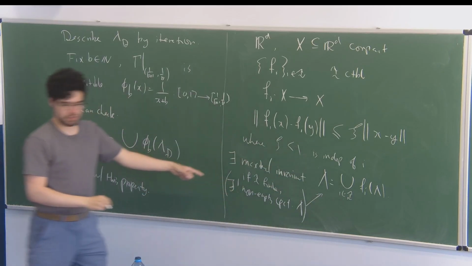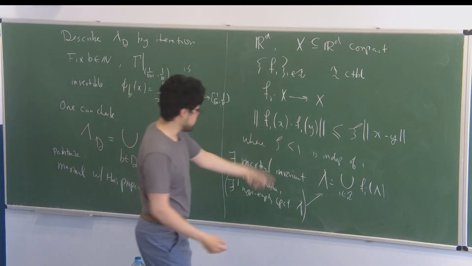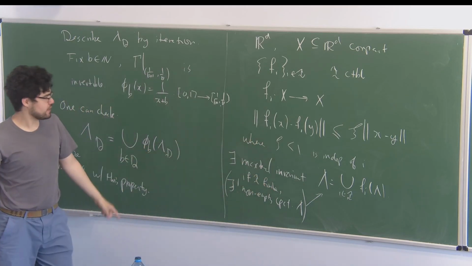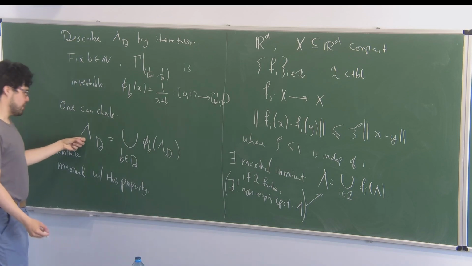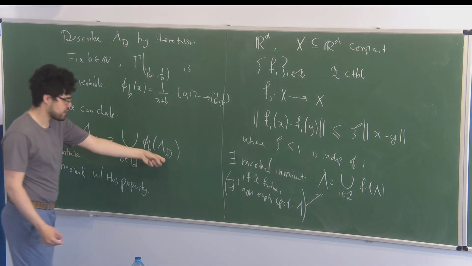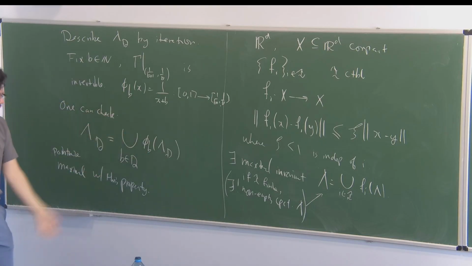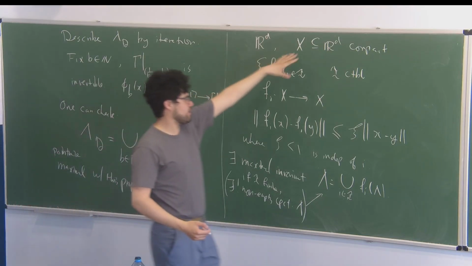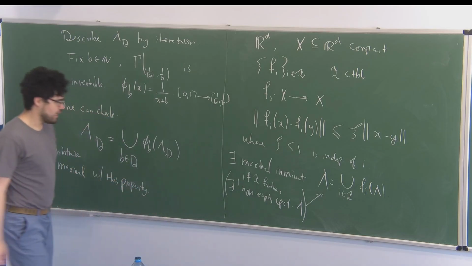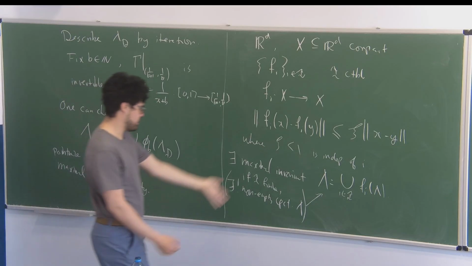A lot of you have seen this. The reason is that this operator, which takes a compact set and maps it to a finite union of images of itself, turns out to be a contraction mapping on the metric space of compact subsets of X equipped with the Hausdorff metric, and then by the fixed point theorem, there exists a unique compact set.